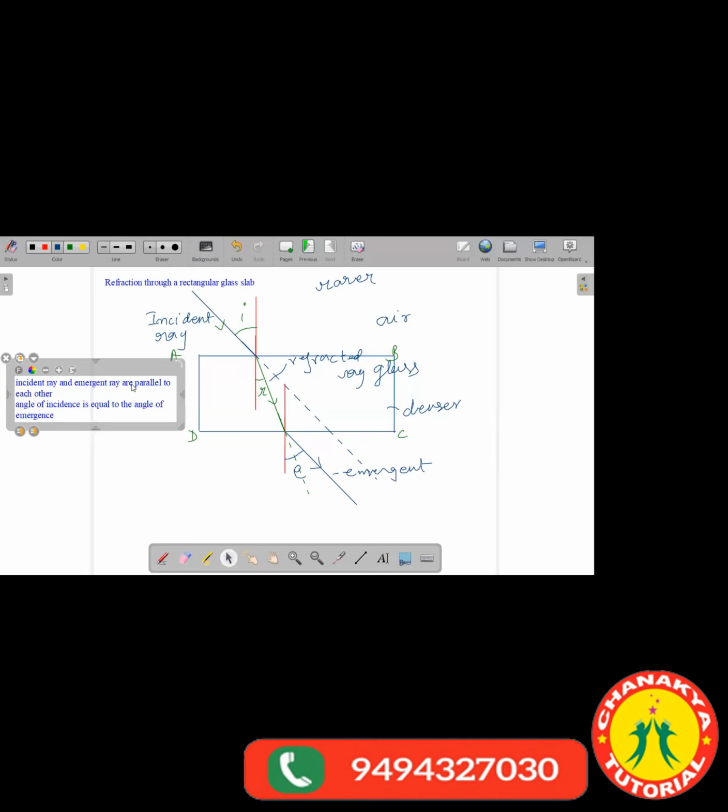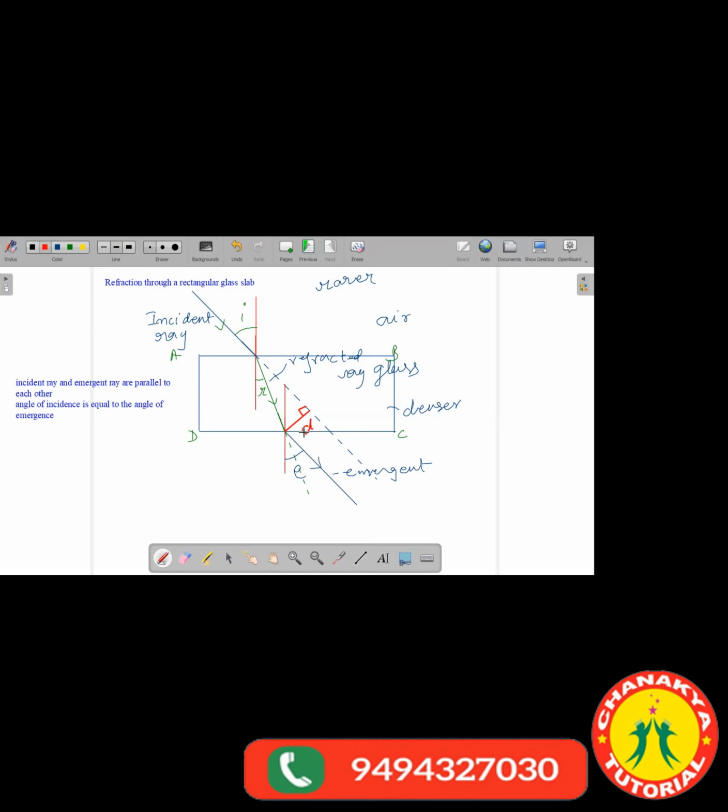The incident ray and emergent ray are parallel because the glass slab is rectangular in shape, and we observe that there is a lateral displacement between the incident ray and the emergent ray. The lateral displacement will be indicated by this distance d. We represent this distance with the symbol d.